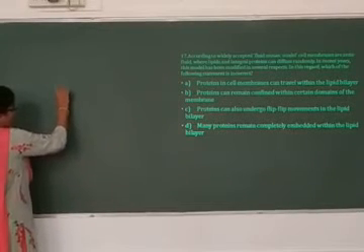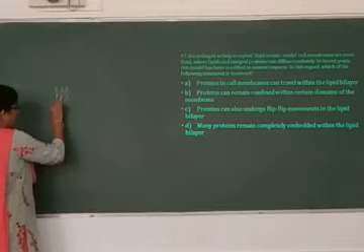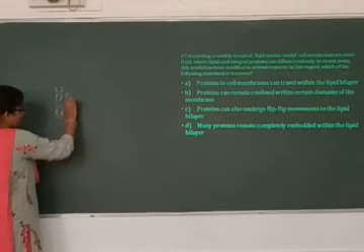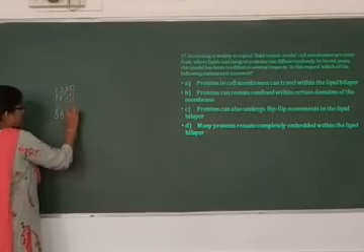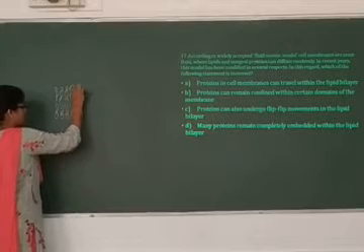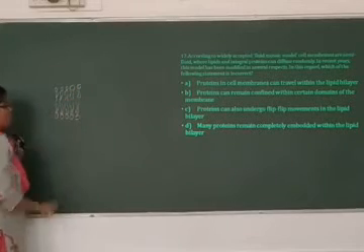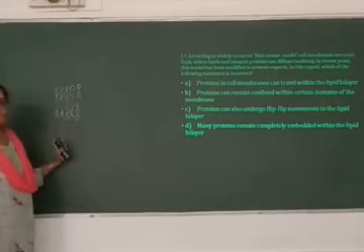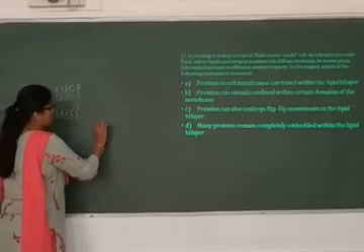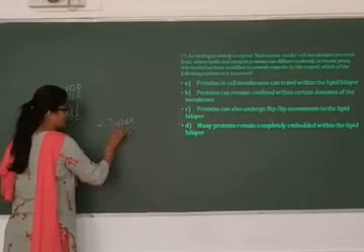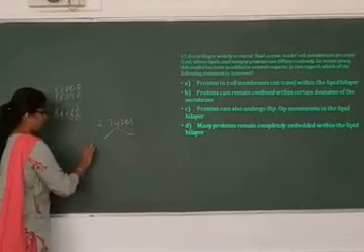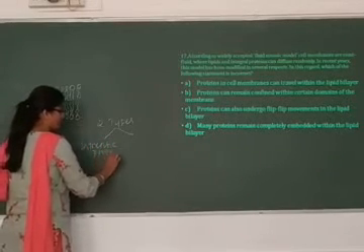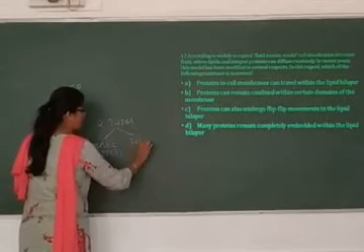As I mentioned, it is basically made up of two lipid layers, where the hydrophilic head region is facing towards the outside. The proteins are called intrinsic proteins and peripheral proteins.